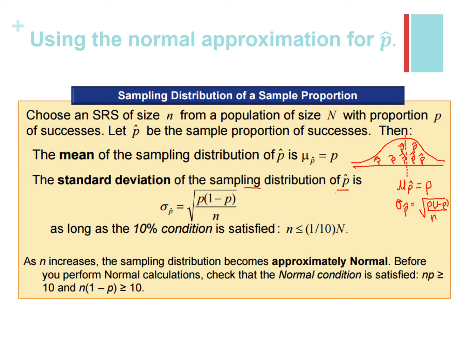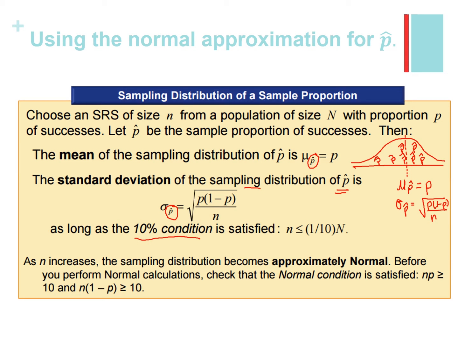So when it says the standard deviation of the sampling distribution of p hat is this following formula, notation is important. Notice how you have that p hat. That tells you that I'm looking at a distribution of a bunch of sample proportions. Sigma p hat tells me that this is a standard deviation from a curve that is a bunch of proportions.